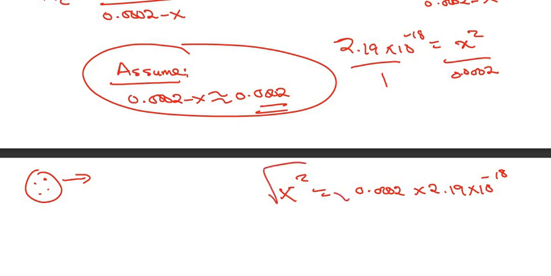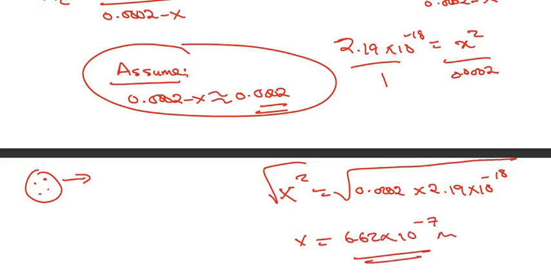Then here we can take the square root. So x is equal to, when you multiply this and take the square root, the change simply giving us 6.62 times 10 to the power negative 7.